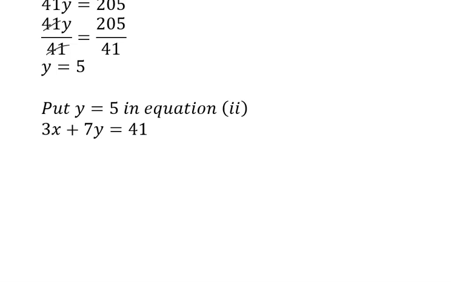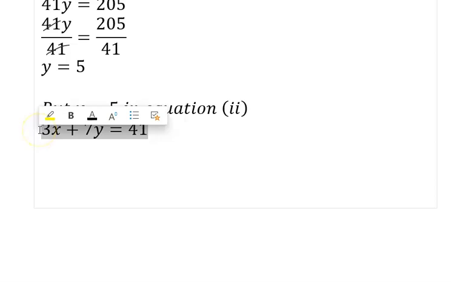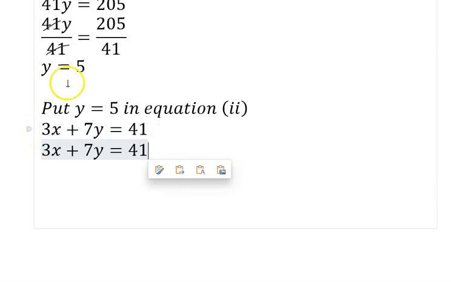Since we now know the value of our y, we just put it in this equation 2. So our y is 5. So anywhere we see y, we put 5 in there. So we have y here. Just impute 5 there.